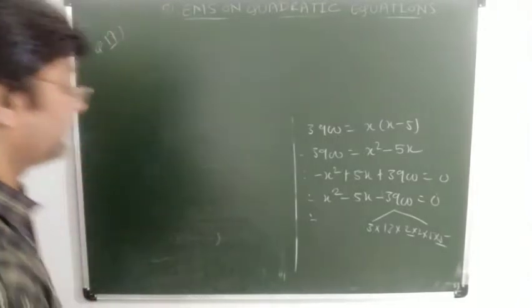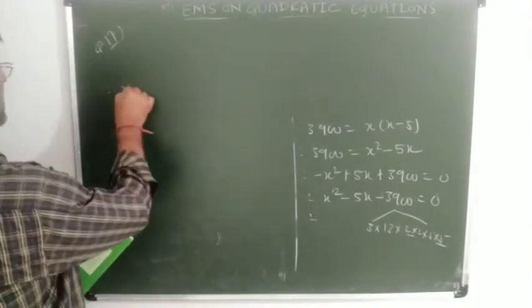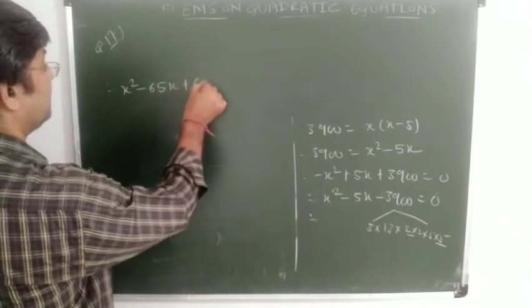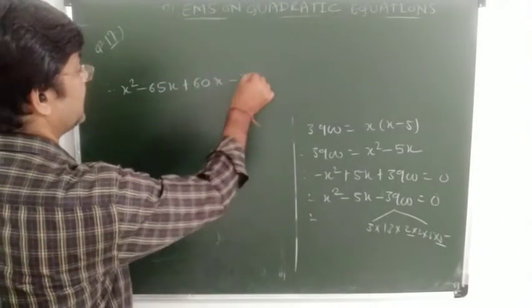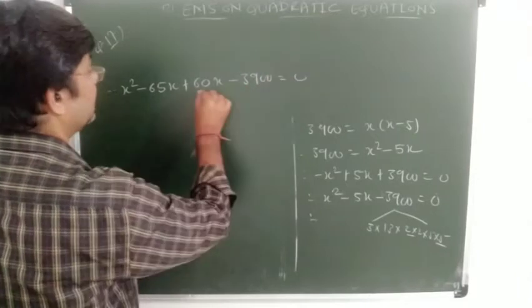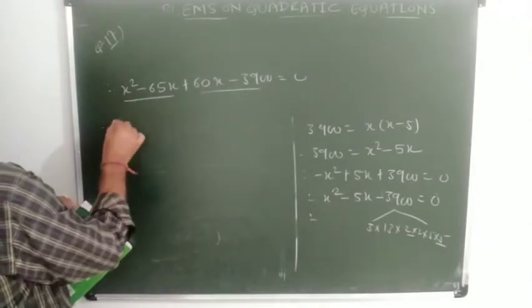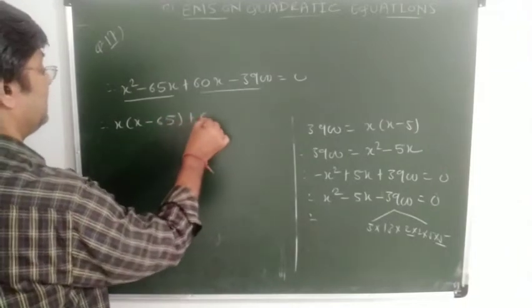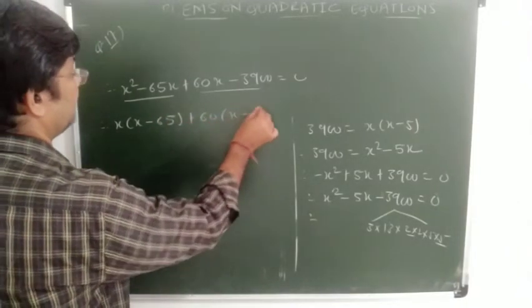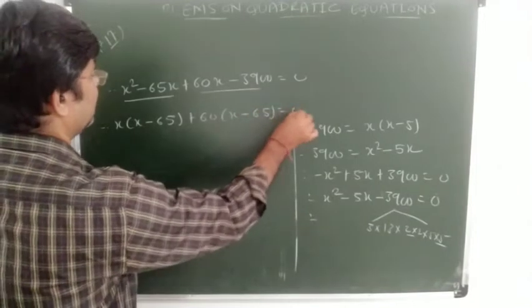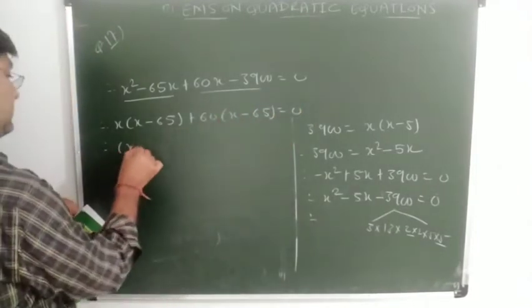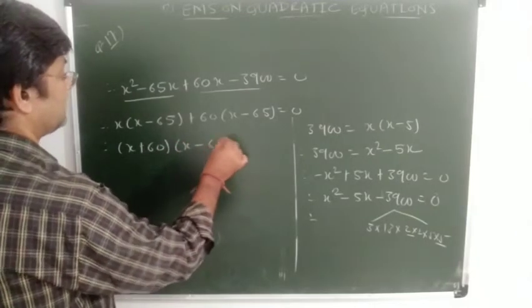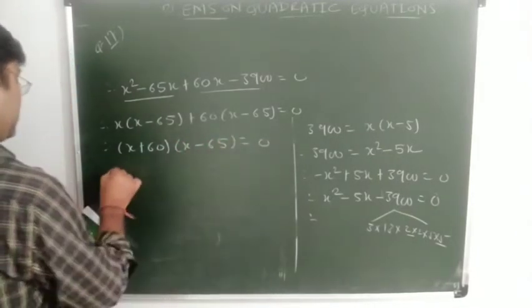And therefore x square minus 65x plus 60x minus 3900. Take common: x minus 65 into x plus 60 equals 0.